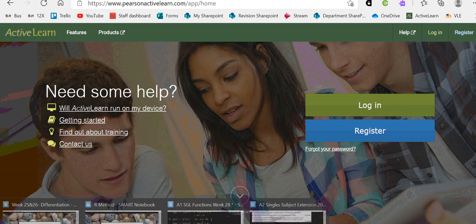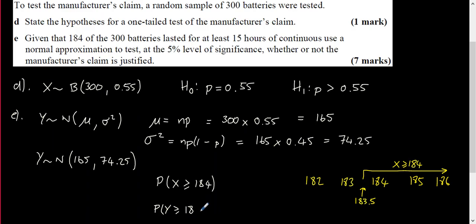Hopefully that makes sense, right? If you're doing 184 and above, anything between 183.5 and 184 will round to 184, so we have to include it. Anything below 183.5 will not round to 184.